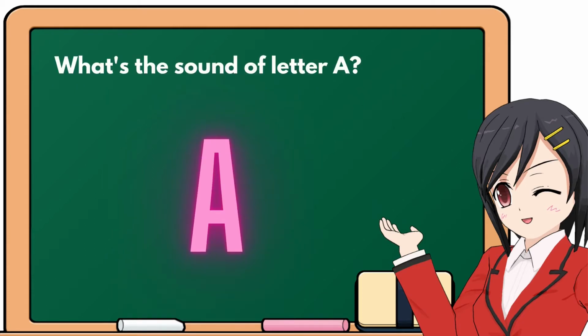What's the sound of letter A? Very good. The sound of A is A. Again, A, A, A. That's the sound of letter A. What's the sound of letter E? Very good.